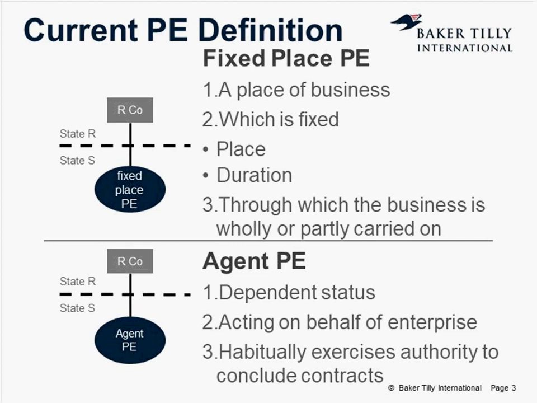Second option is to look at the agent PE, meaning that you have a dependent agent acting on behalf of the company, having the power to conclude contracts on behalf of the company, and usually exercising this authority to conclude contracts.